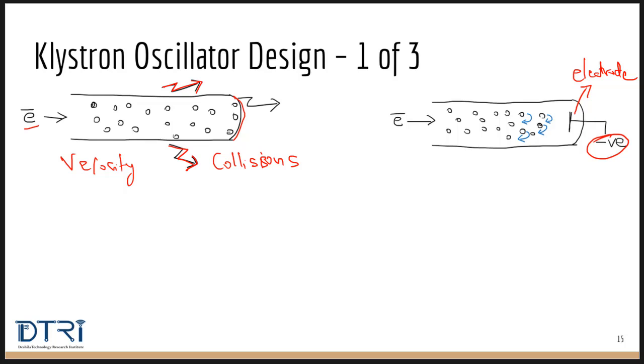So now what happens is that electrons don't even go closer to the end of the tube because of reflection from the electrode. Those electrons return and lose energy on the return path.